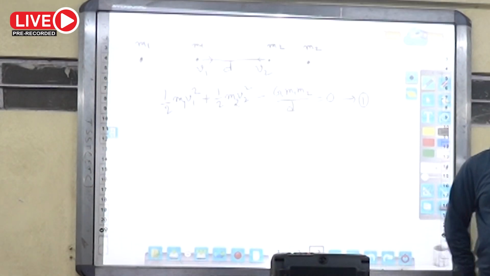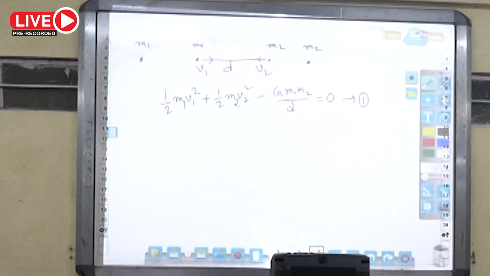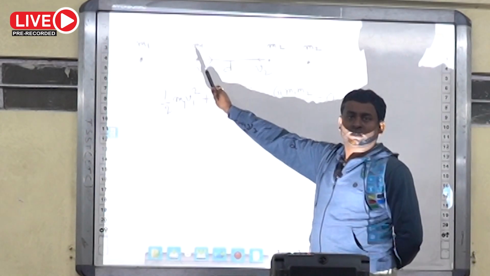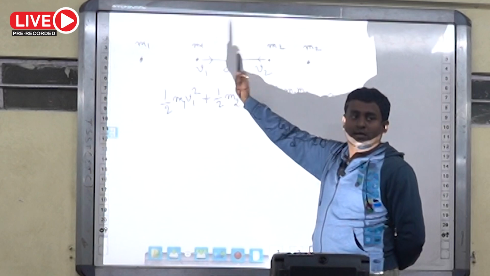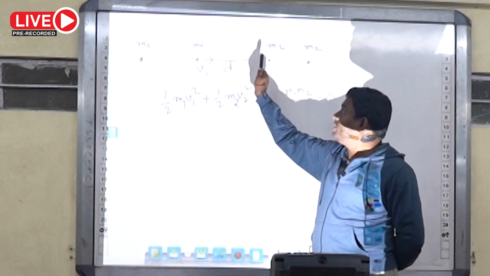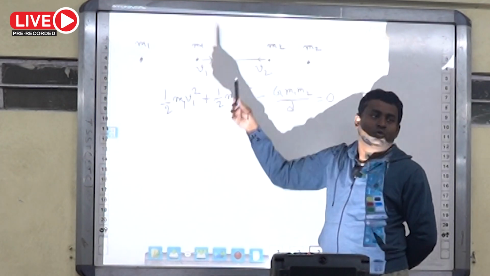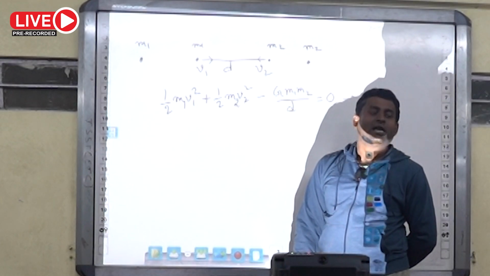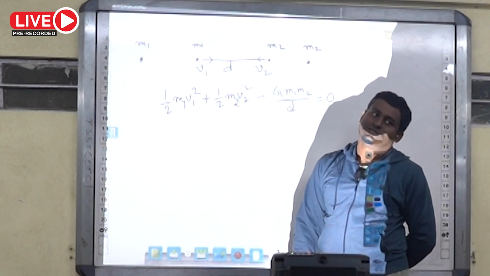Another equation comes from conservation of linear momentum, because only mutual gravitational force is acting. For M1, M2's attraction is an external force, and for M2, M1's attraction is an external force, but when you consider the entire system together, these forces are action-reaction and can be treated as internal forces, so the linear momentum of the system remains conserved.